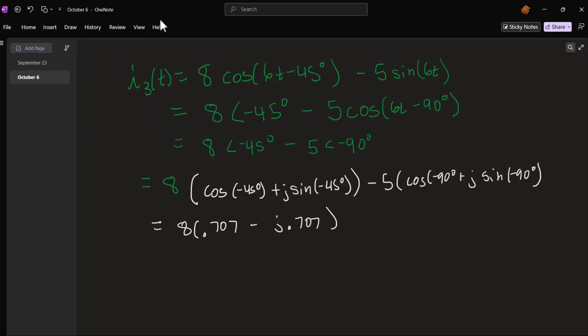Where did I go wrong? I wanted the current through the capacitor, so this should have been Z1.